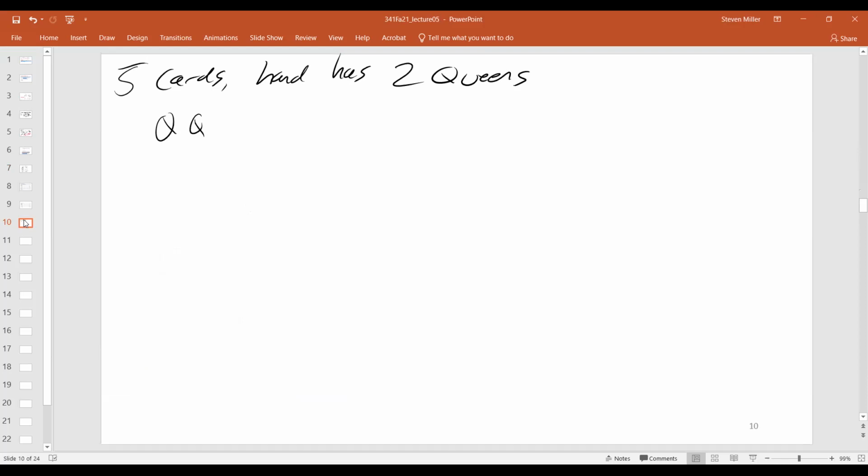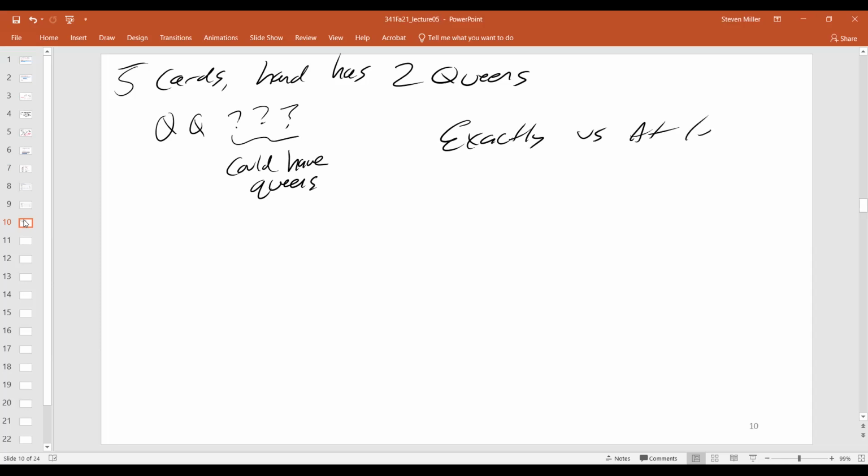So this is where it gets tricky. I have 2 cards that are queens. And then for the remaining 3 cards, they could be a queen or not. Right. So it's exactly versus at least.